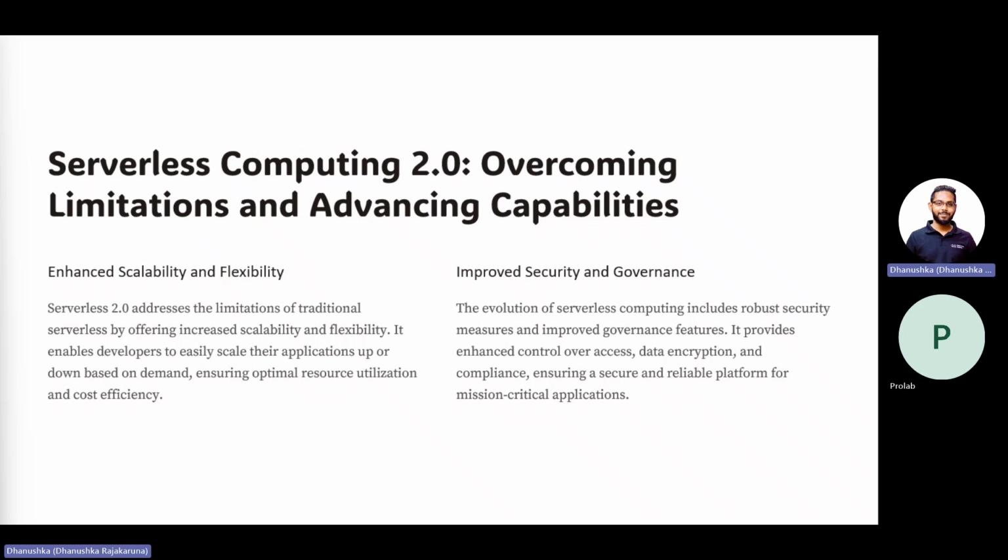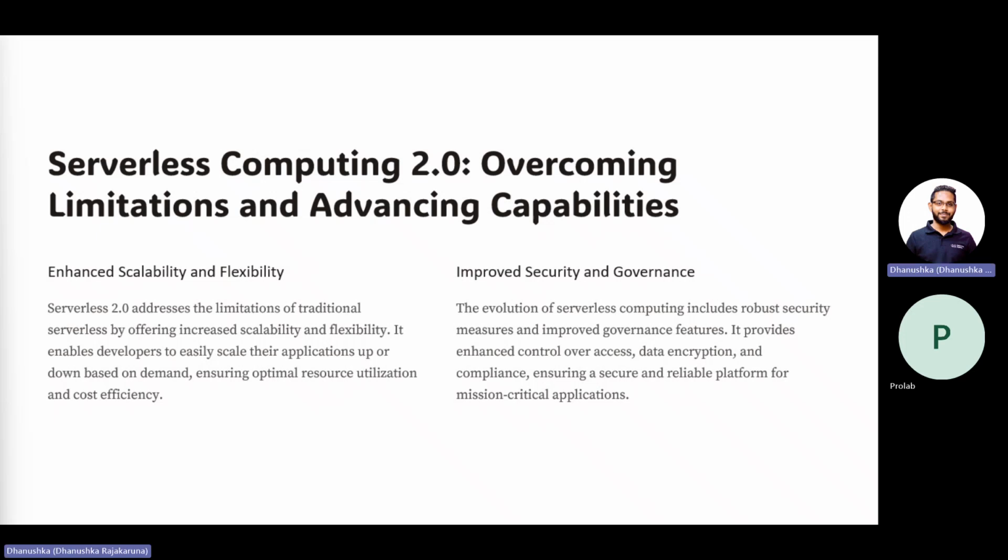So serverless computing 2.0 addresses the limitations of its predecessors while unlocking new possibilities by overcoming challenges like cold starts, vendor lock-in, and limited observability.